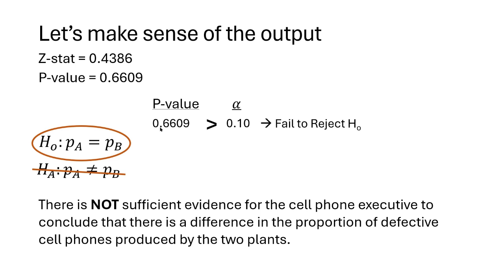And I just adopted it and changed it to indicate what we found. And that is that there's no evidence to show that there's a big difference in the proportion of cell phones that the two plants are producing. So for me, that means they're essentially equal, which you can see what we circled above.